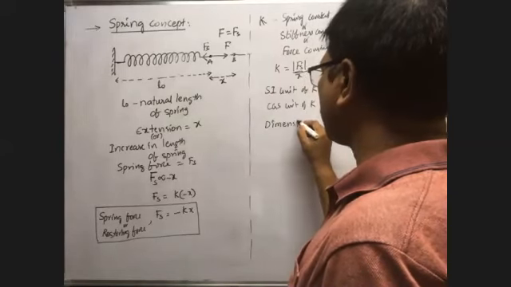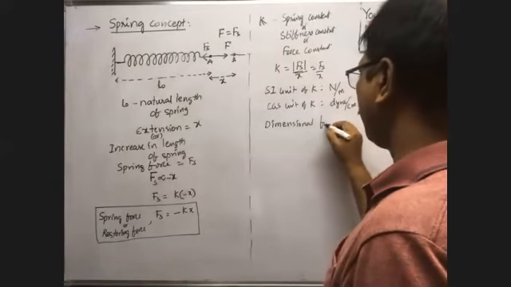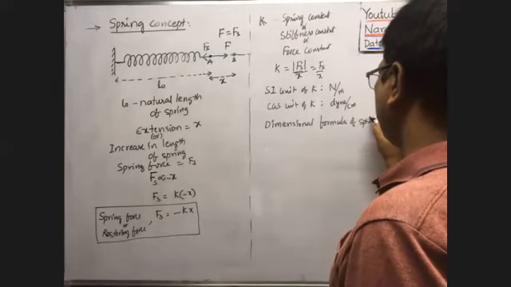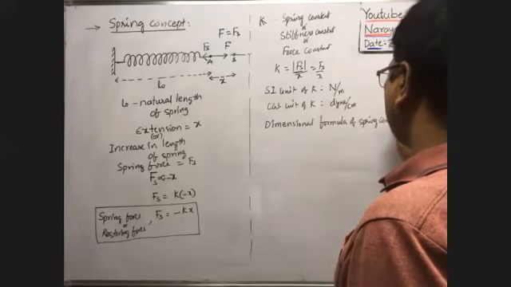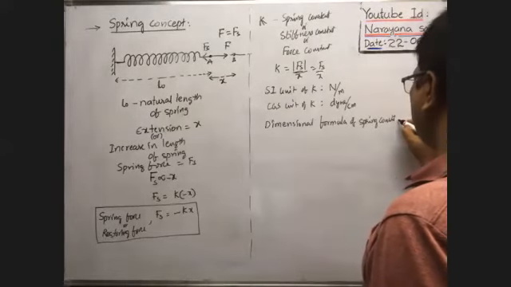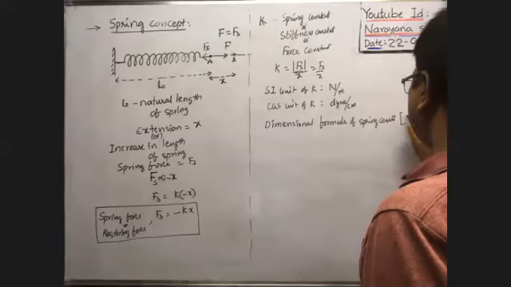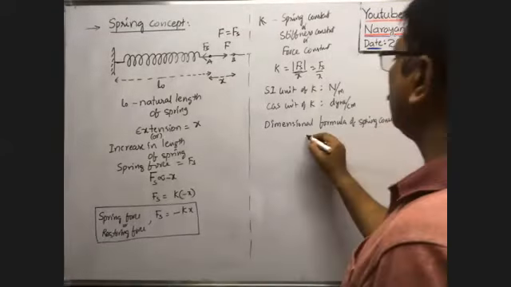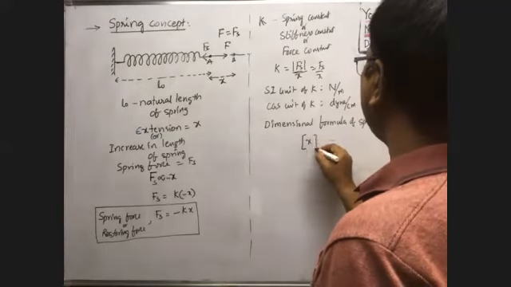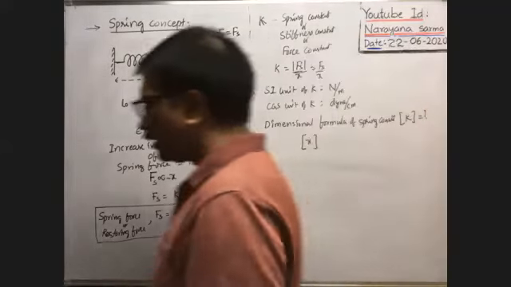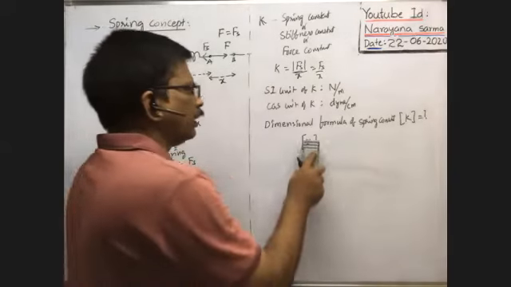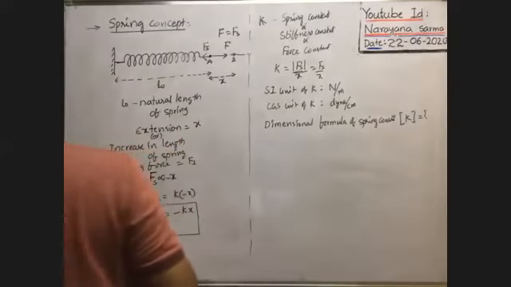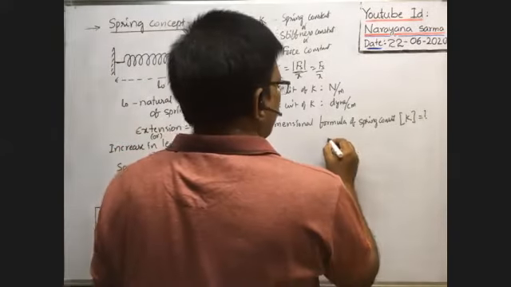What is the dimensional formula of spring constant? To write the dimensional formula of spring constant, first of all we have to write the formula for spring constant.